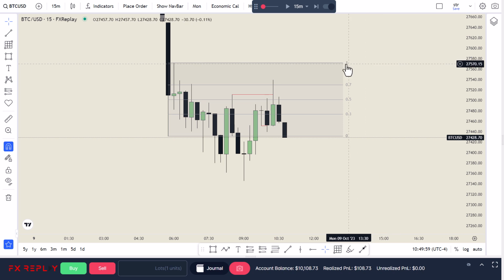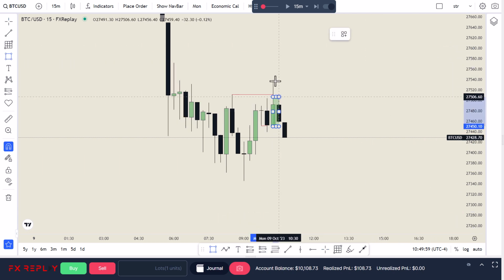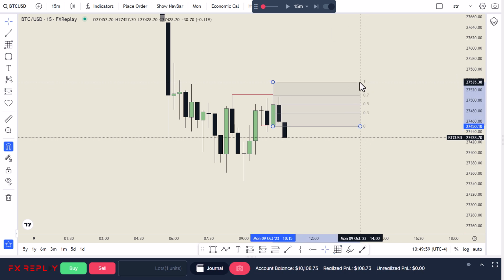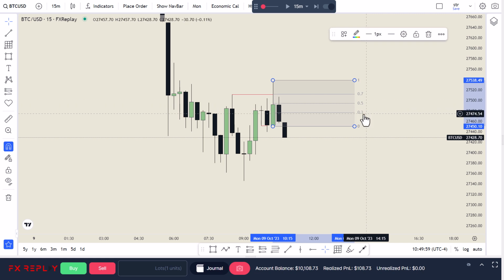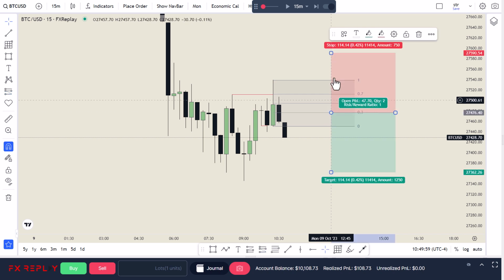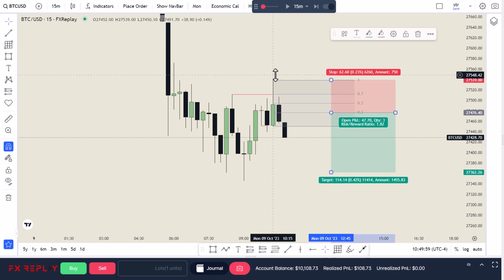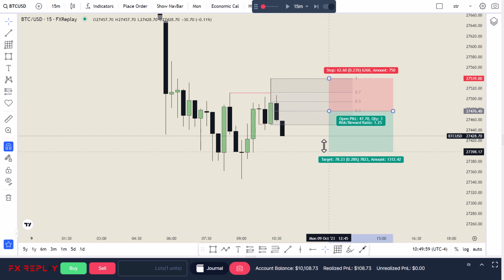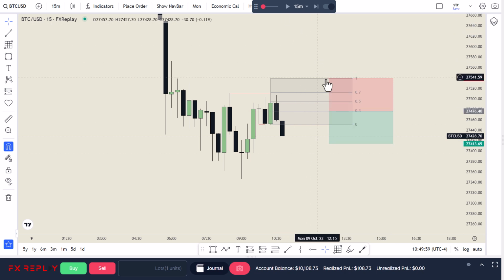Let's remove also this one right here. I want to see price return at least to 30% of the zone to take my setup, right? Because the stop loss is a bit wide in this case. And let's see if we're going to get a 1-to-1.